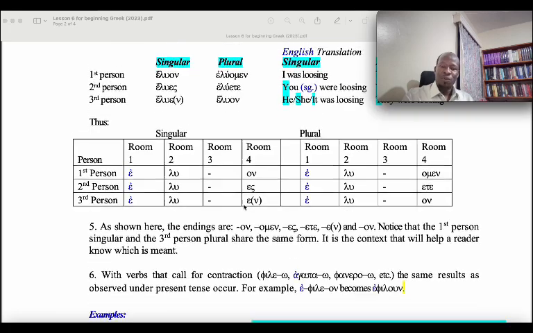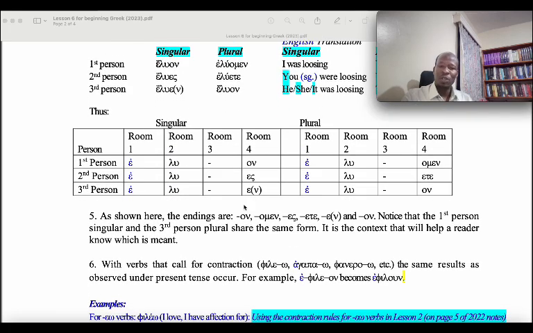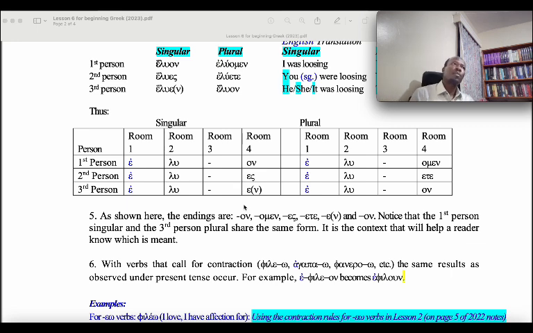Let's continue. The important concept to have in mind and to take home from this lesson is that this imperfect tense has no sign of tense, but it has an augment like the first aorist.